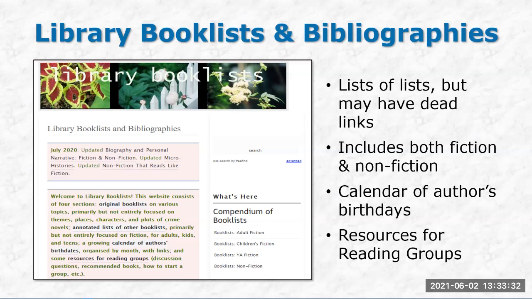But if you know the title of the list, I would recommend that you find the library. If you get the 404 error, you go to the library's website and in their search box, type in the title of the list and you probably will find it. It isn't that hard to recover. If that's too much, then go on to another list. I mean, there are hundreds of lists on this particular website.